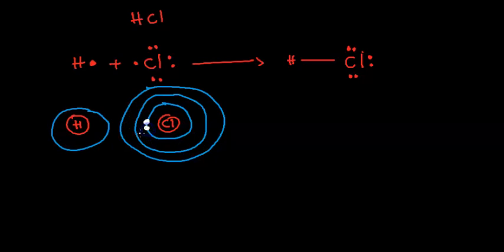The next shell has 8 electrons: 2 multiplied by 2 is 4, plus 2 is 6, plus 2 is 8. The valence electrons are going to be 7: 2 multiplied by 2 is 4, plus 2 is 6, and we are left with 1. Chlorine has 7 valence electrons, while hydrogen only has 1 valence electron. So we can simply connect these two.